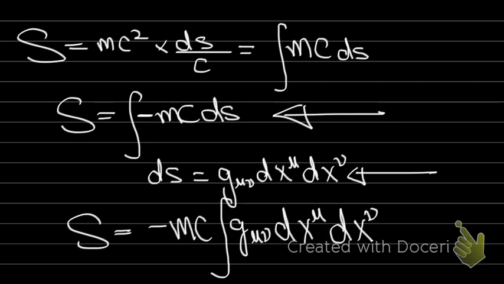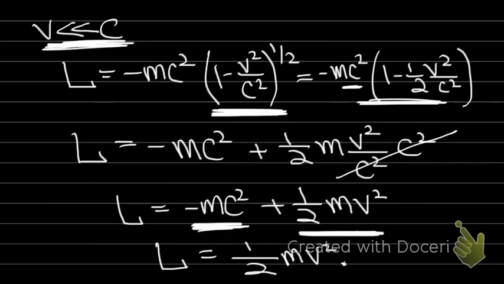We claimed that our action is negative mc ds, so we added that negative sign, and we saw that to get the classical Lagrangian correct, that negative sign was important. So we are now essentially done with the Lagrangian for a relativistic system.